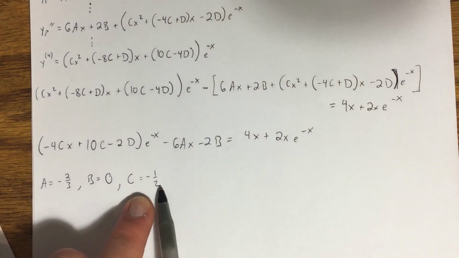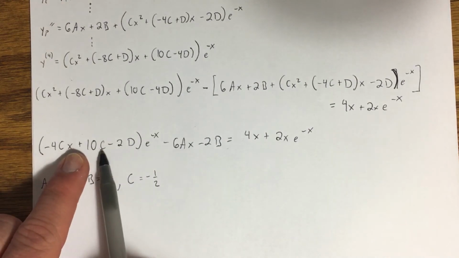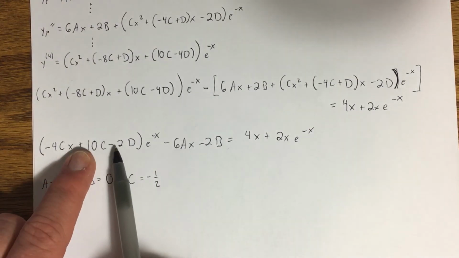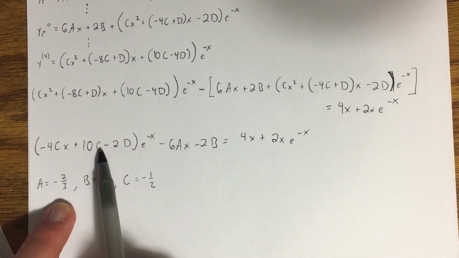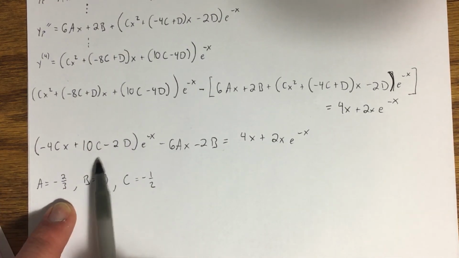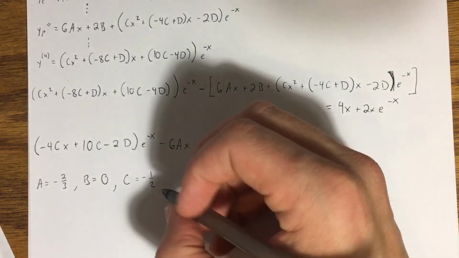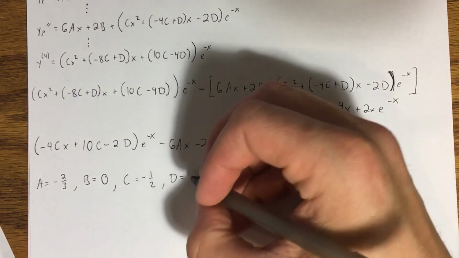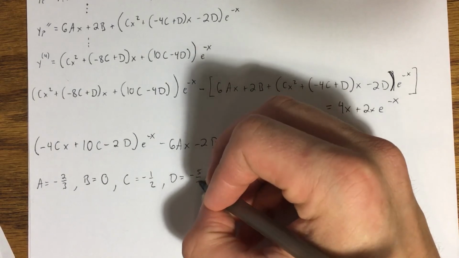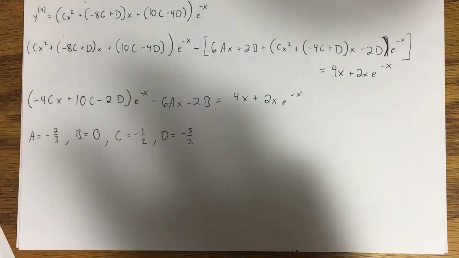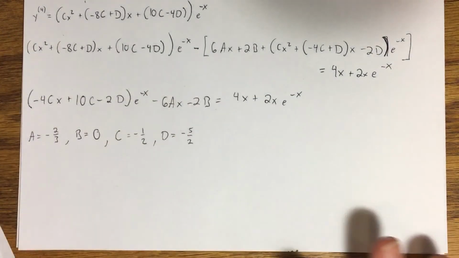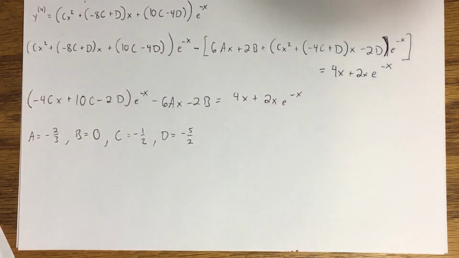Plug that negative 1/2 in for the c here. That gives me negative 5. I need this negative 2d here to come out to positive 5, so it cancels with this negative 5, making the whole thing 0. The only way that's going to happen is if d is equal to negative 5/2. Yes, I could have set up a bunch of equations and solved them algebraically, but remember, I'm trying to be as efficient as possible and not go through all that algebra here.